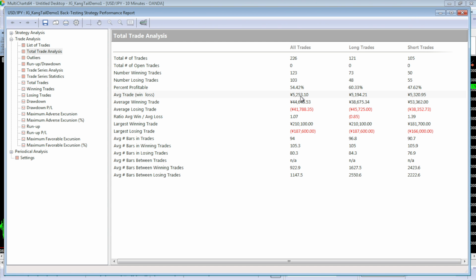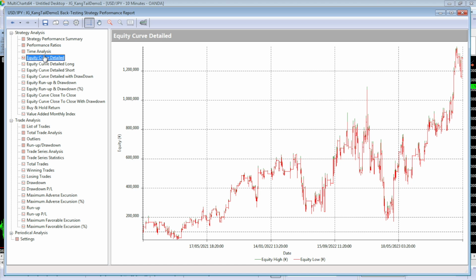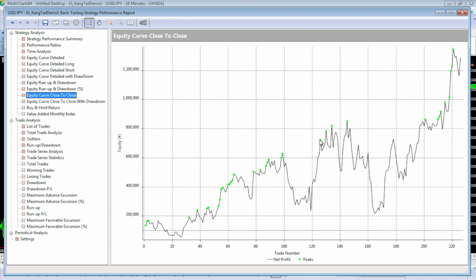Average trade has actually increased, so that shows that recent performance is actually a little bit better than performance over the whole sample period. And that's what the equity curve looks like. It's not the smoothest, but certainly is going up, is going in the right direction. We can see, shown by the green dots, we've got new highs all the way up until very recently.